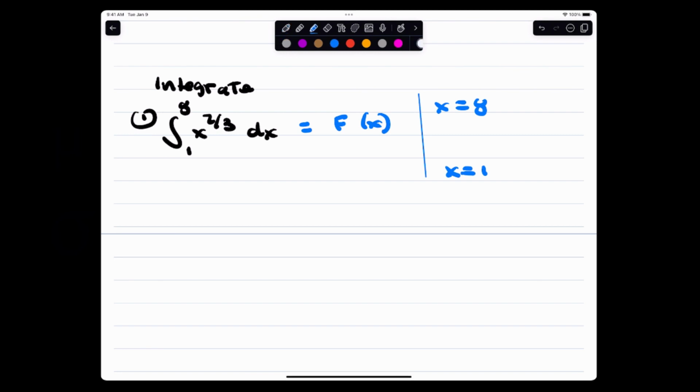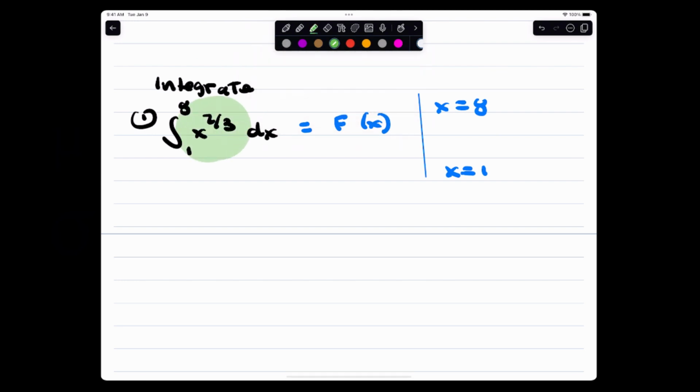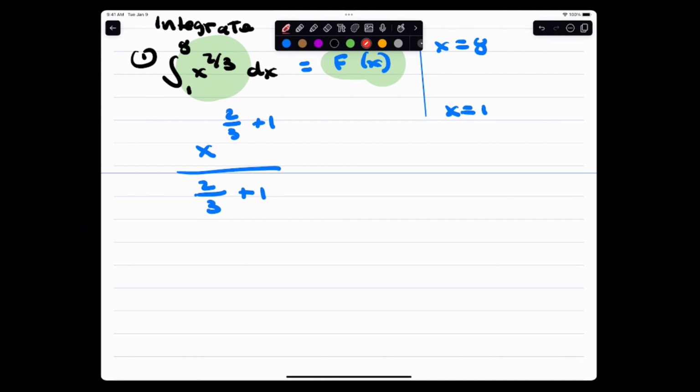Is that right? So remember what I said. You need antiderivatives. What's the antiderivative there of x to the 2/3 power? What do you guys use again? Do you guys remember? Power rule. Add 1 to the power. But you got to know how to add a whole number with a fraction. Convert to what? 1 is 3/3.